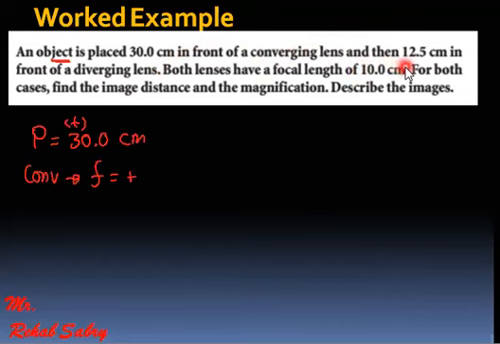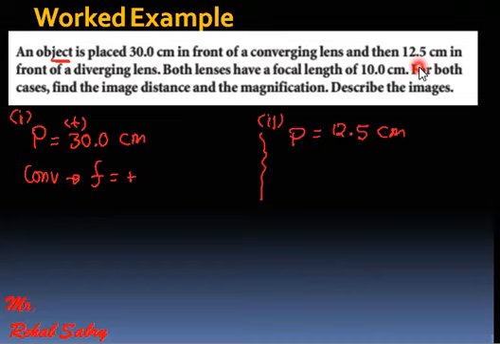And then 12.5 centimeters in front of a diverging lens. So we have another case, where this is number 1, and this is number 2. Here P equals 12.5 centimeters.